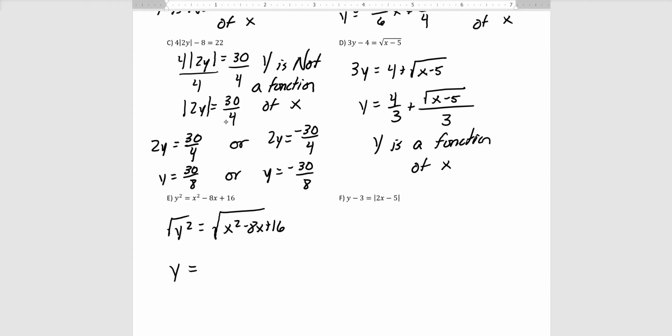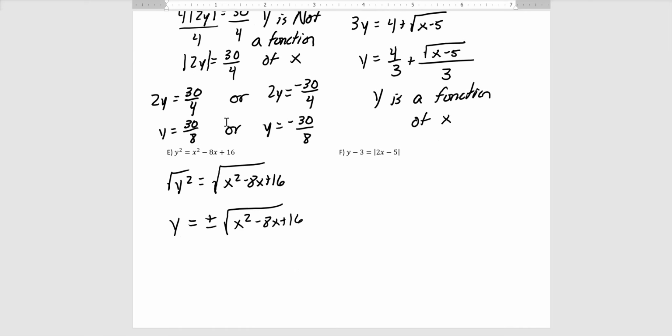But if we make the square root, we do need the plus or minus of x squared minus 8x plus 16. And that tells us, pretty straightforward, well, we're going to have multiple outputs for one input, so y is not a function of x.